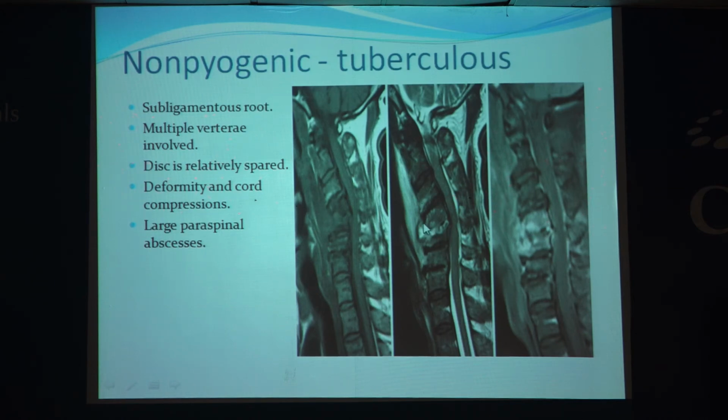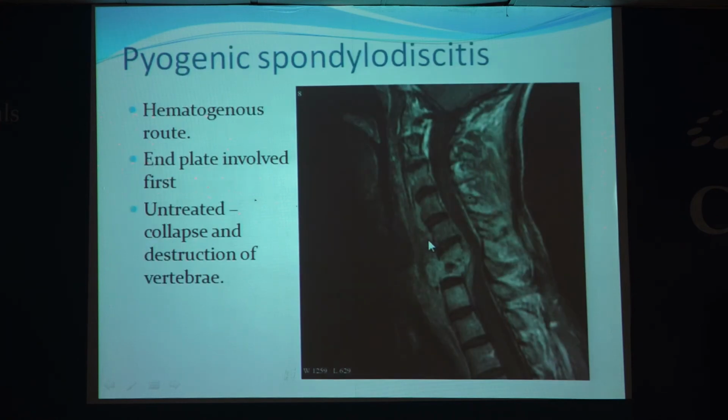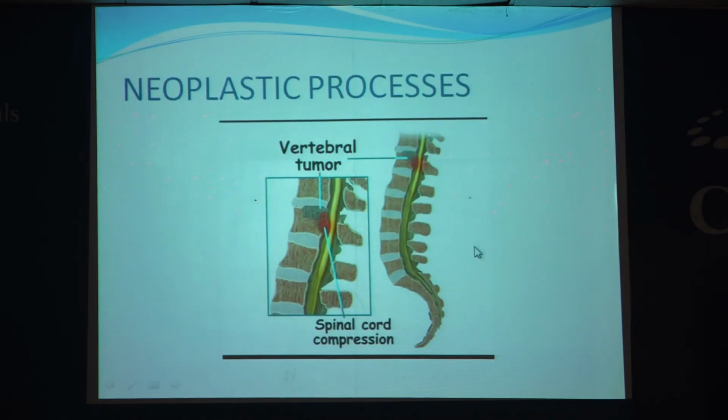Here we can see that the vertebrae are collapsed, the disc is involved, and there is abnormal signal intensity soft tissue in the prevertebral region also. And previously we had seen that there is an epidural soft tissue component that is compressing the spinal cord.